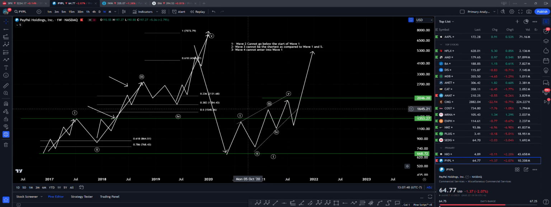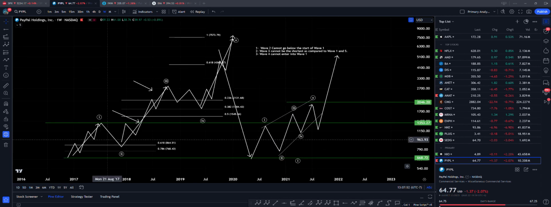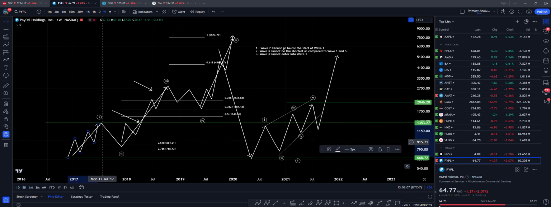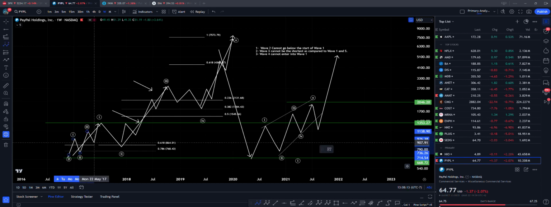as a use case, and it happens mostly in wave one. So basically wave one, where I mark this as a normal impulse, where wave four was not intersecting with wave one, right? This is allowed. Basically, if this would have happened, this is allowed with the leading diagonal being the first wave structure.